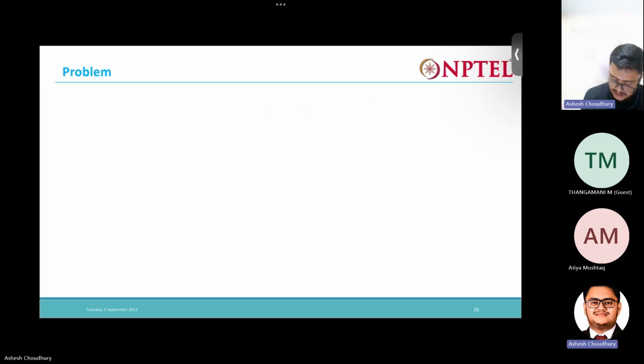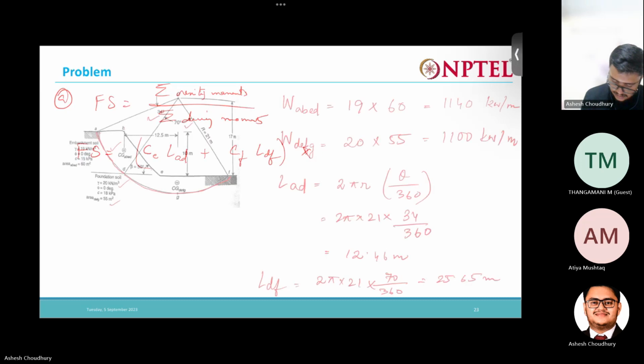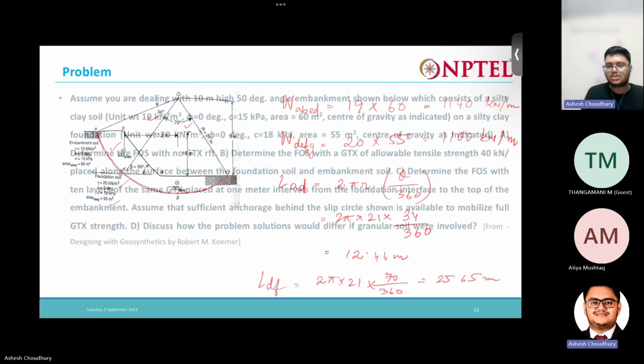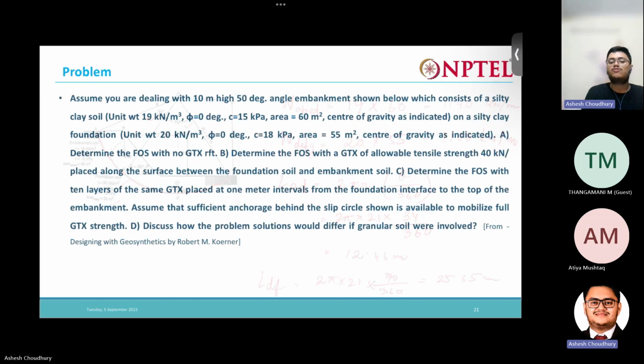The last question here was to discuss how the problem solution would differ if granular soil was used. As I said, if granular soil had been used, then we have to use the method of slices and wedges. We need to take a slip circle, choose one slip circle, divide it into slices, and do this process.